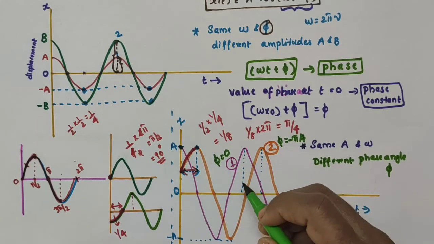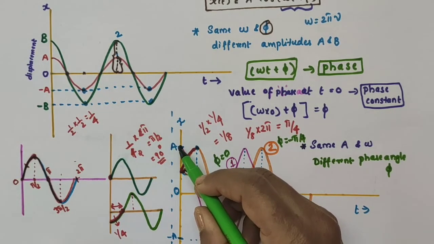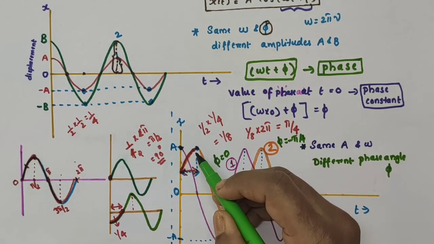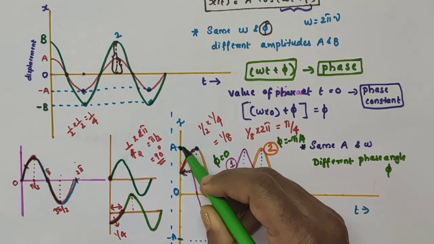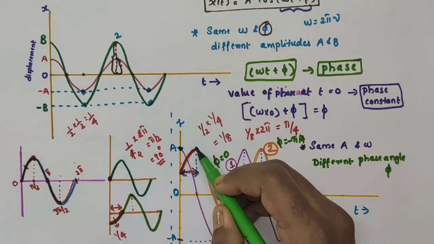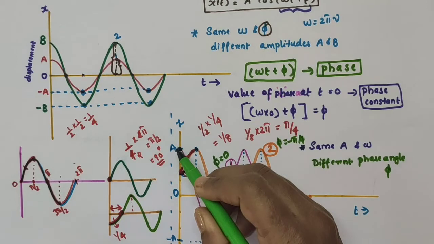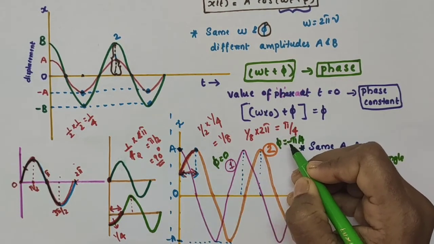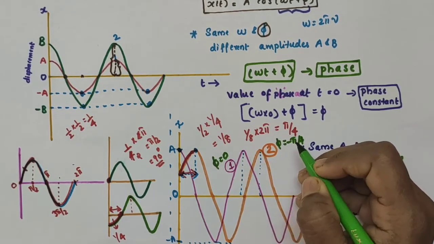See, curve 1 has reached its maximum displacement first, and curve 2 has reached its maximum displacement only after some time. That is, curve 2 is lagging behind curve 1. That is why a negative sign is here in its phase. Phase is taken as minus pi by 4.